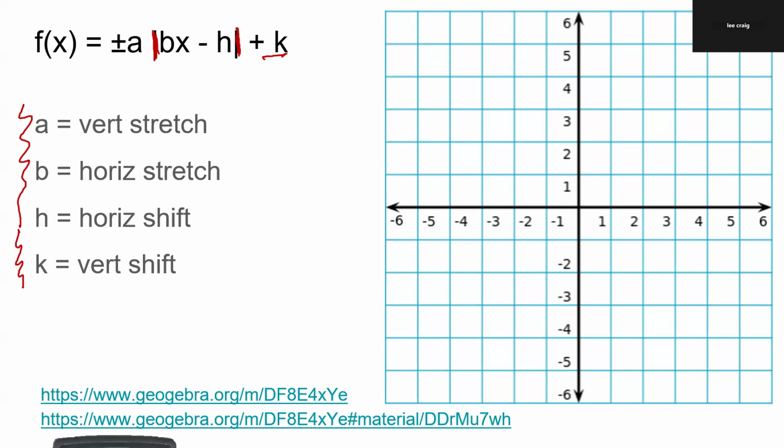This is the vertical shift right there. The H is the horizontal shift, left, right. That B inside, before I take the absolute value of the function, would be the horizontal stretch. And then outside here, I could do a vertical stretch. So all of that is possible.